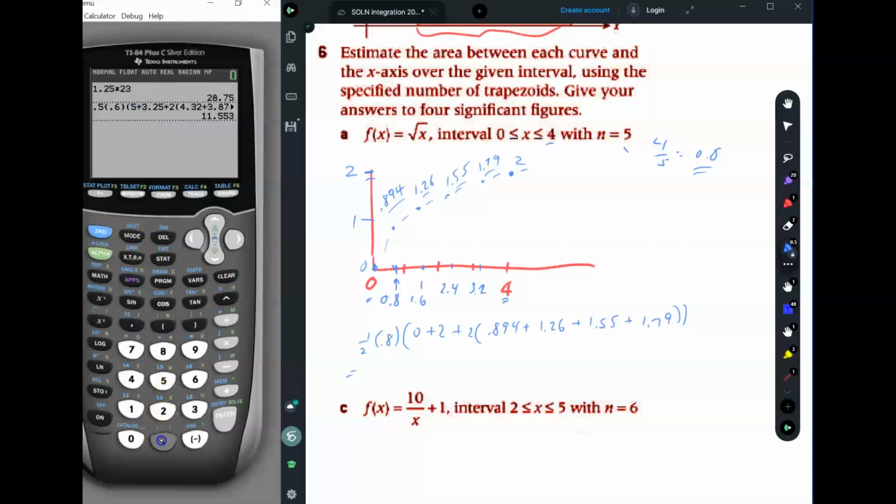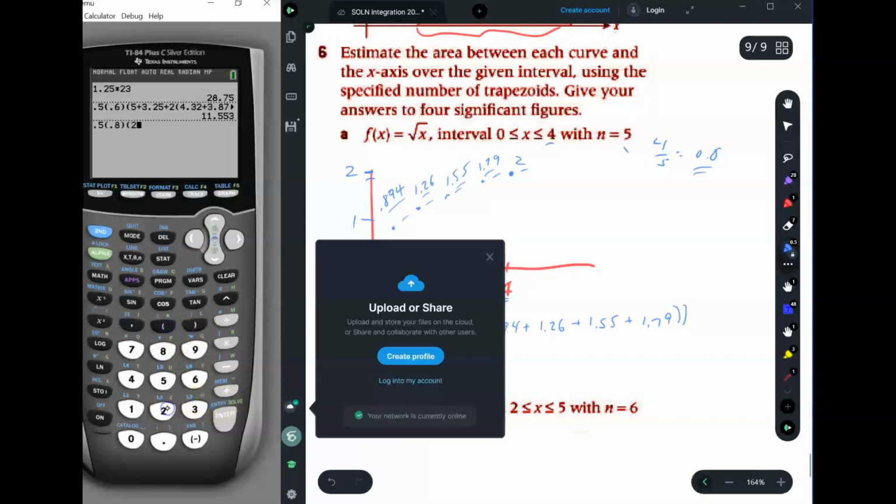So we'll put 0.5, easier to type in than 1/2. The width is 0.8. And then my left and right edge are 0 and 2, so I'm just going to put 2 because I don't need to put in 0.